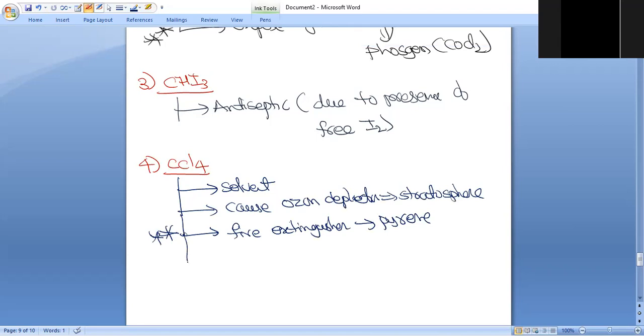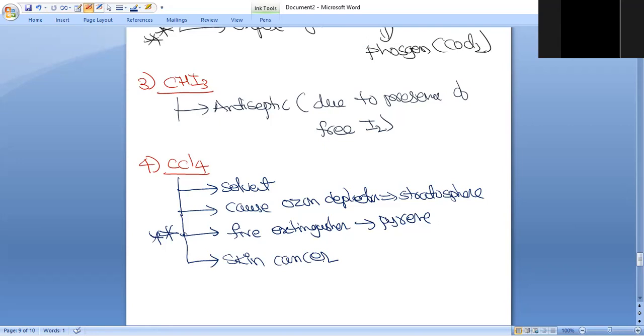It can cause liver cancer. Depletion of the ozone layer causes skin cancer. Clear this? Yes, sir. Eye diseases, disorders, possible disruption of the immune system. Many things will be there.